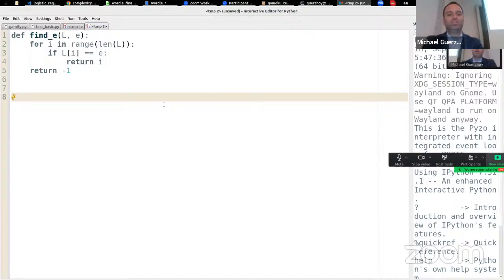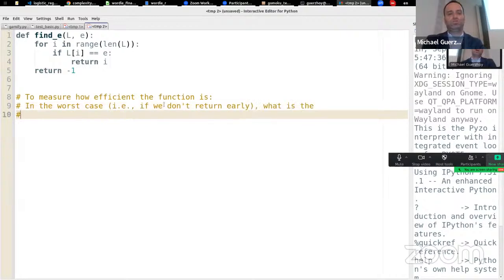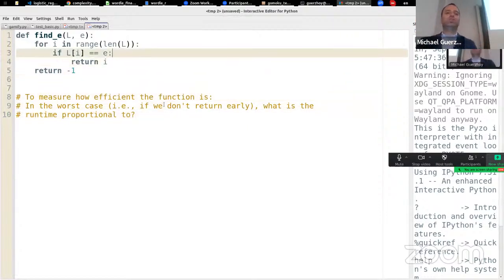what do we want to measure here? So what we want to ask is, to measure how efficient the function is, we want to ask, in the worst case, so if we don't return early, what is the runtime proportional to? The reason we want to ask what the runtime is proportional to is that on different computers, this is going to take different amounts of time.